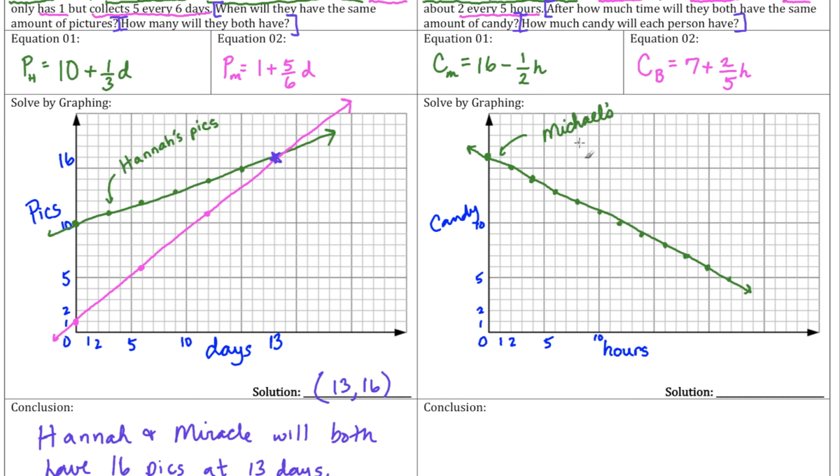Michael's candy. All right, so let's represent his brother's candy. Okay, so his brother starts off with 7, 5, 6, 7. But he actually increases by 2 candies every 5 hours. 2 every 5.